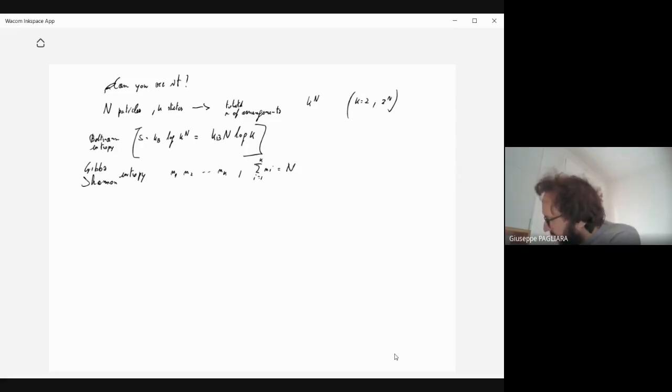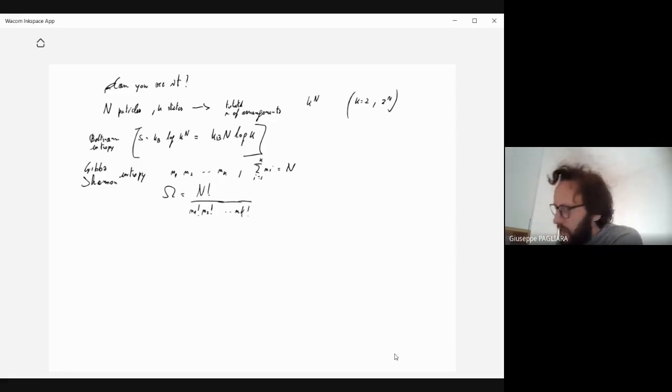And then we said, okay, the total number of ways to arrange n1 particles, n2 particles, and nk particles in those boxes is provided by omega, which is n factorial divided by n1 factorial, n2 factorial, and so on, up to nk factorial.